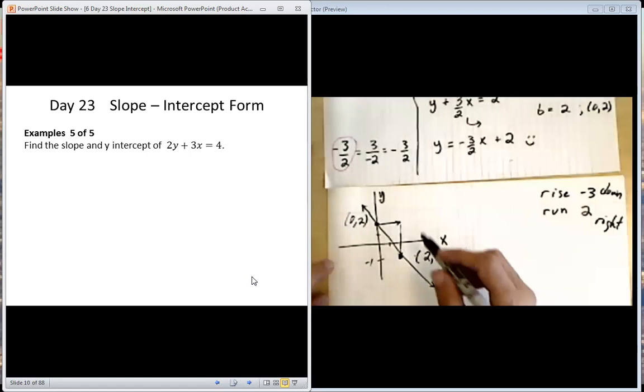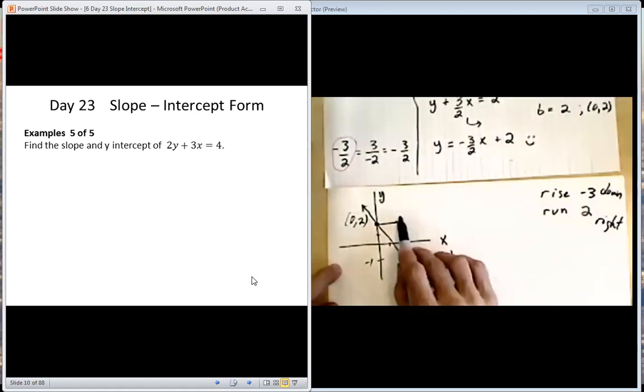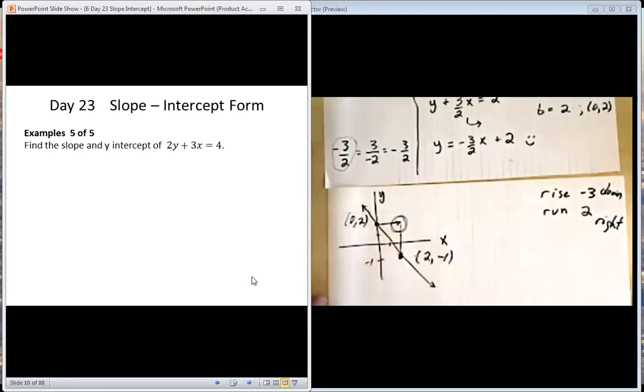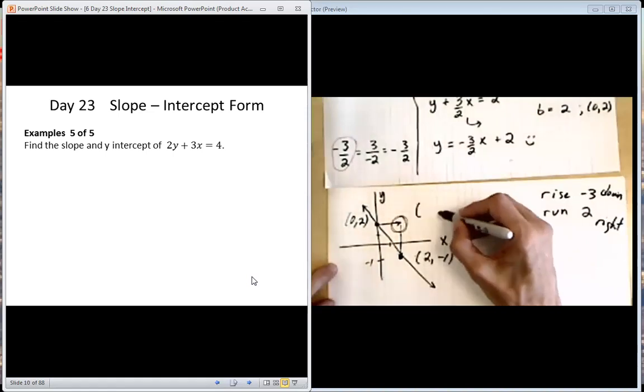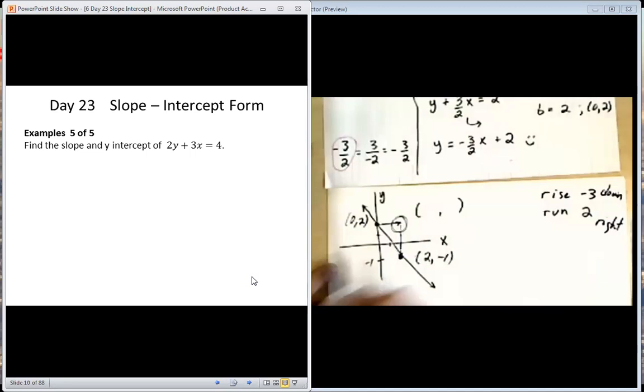What are the coordinates of this location here? So notice it's 0, 2 to start with.